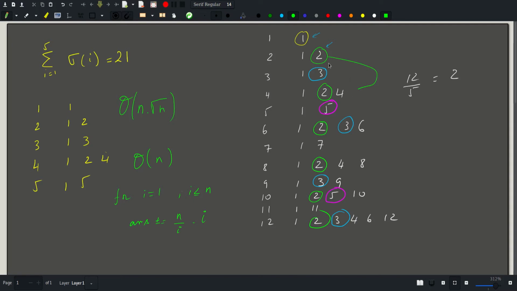Here we have 6 occurrences of 2, and each one of them contributes a 2 to the answer. So the contribution of 2 is 12 divided by 2, which is 6, times 2, which is 12. Indeed, if we add these numbers together, 2 plus 4 plus 6 plus 8 plus 10 plus 12, that gives us 42.